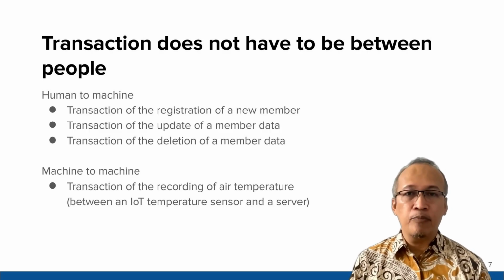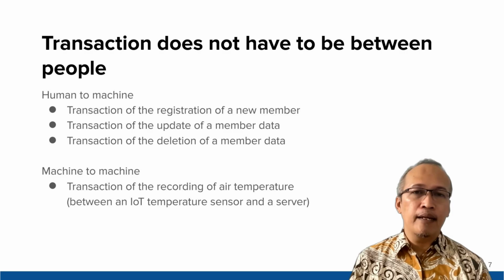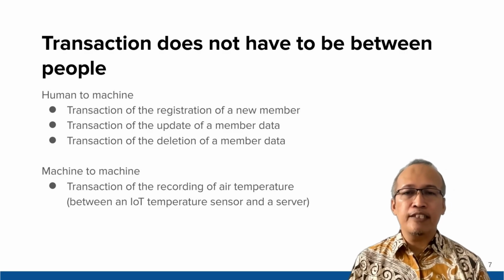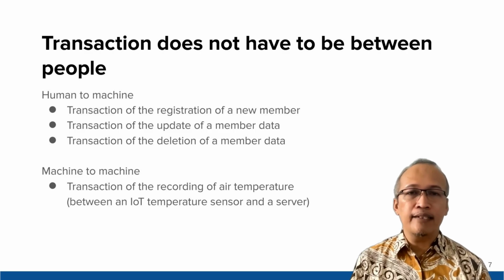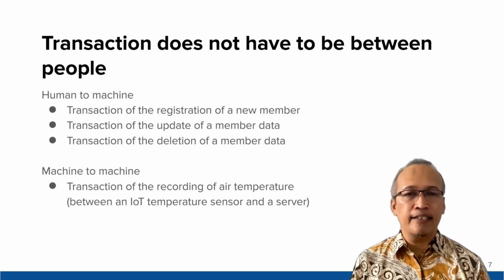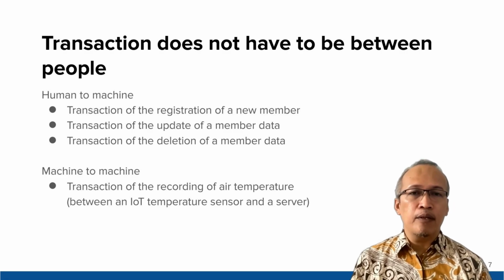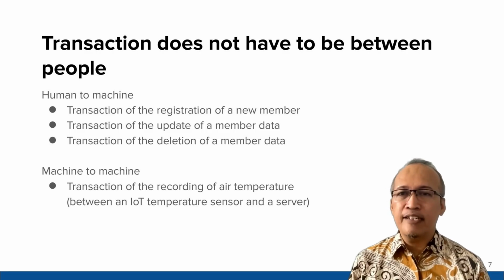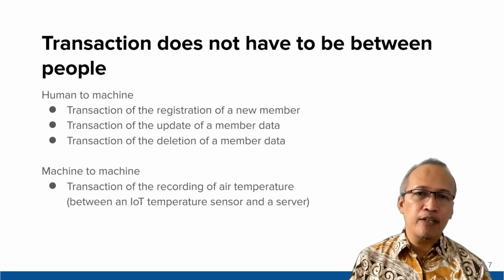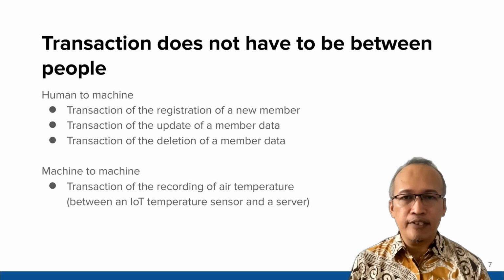Here's another mind-expanding idea. Transactions don't even have to be between people. Think about human-to-machine transactions. When you register as a new member on a website, you're interacting with a system. That's a transaction. When you update your profile or delete your account, those are transactions too. And what about machine-to-machine transactions? Imagine an IoT temperature sensor in a smart factory.